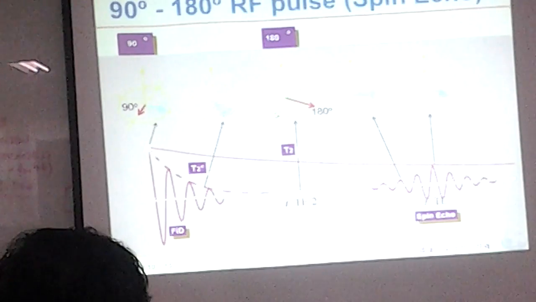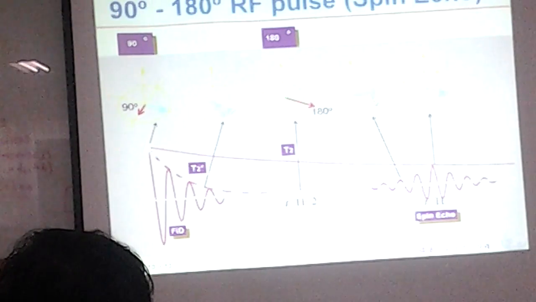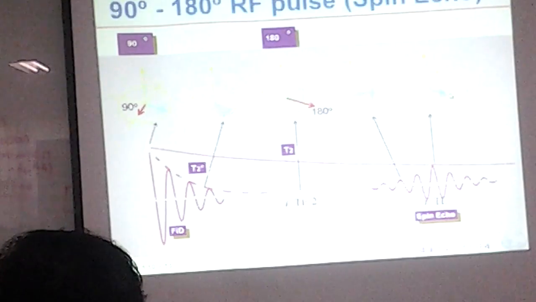So these spins rotate clockwise like this. These dispersed spins come together here and generate the spin echo signal here. So by applying the RF pulse in the y prime direction, we can get the same polarity of echo signal.